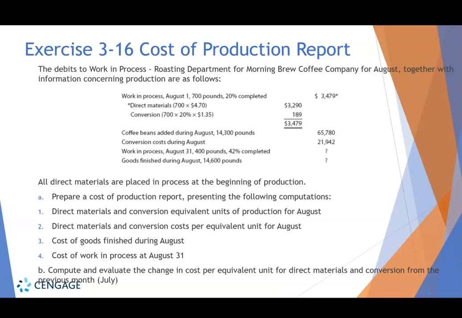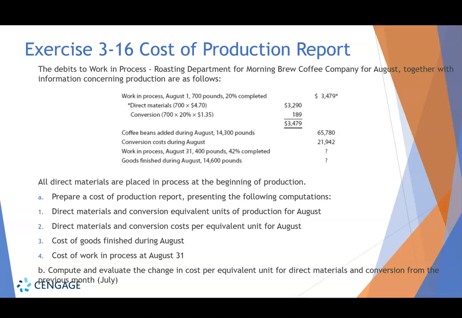We see that our coffee beans added during August were 14,300 pounds. Our conversion cost during August gives us the 21,942. Our work in process at the end of the month, they tell us, are 400 pounds, 42% completed. And they tell us that the goods finished during August are 14,600 pounds.